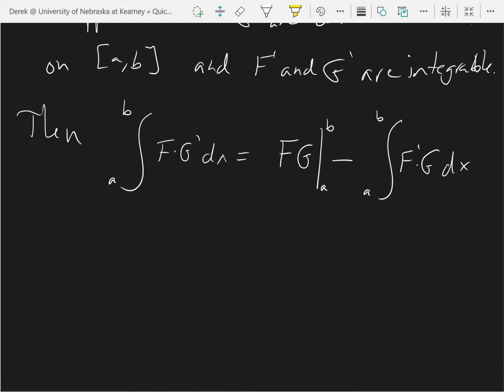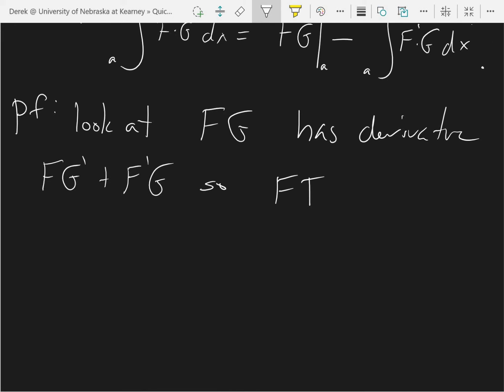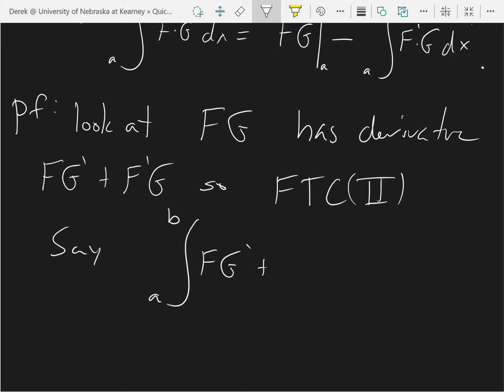Okay, and why is that? Well, let's use the fundamental theorem of calculus part 2 and look at F G, and it has derivative F G prime plus F prime G. So, by the fundamental theorem of calculus part 2, the integral from a to b of F G prime plus F prime G dx is equal to FG evaluated at a and b.